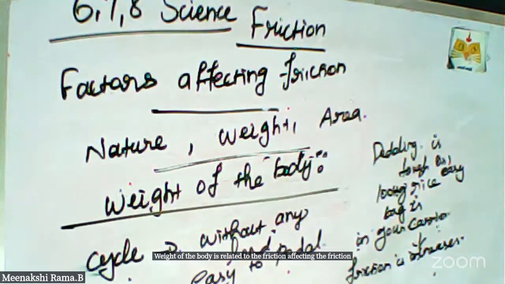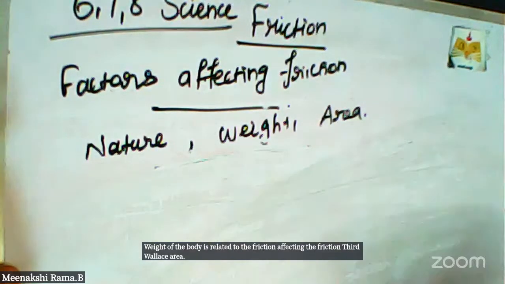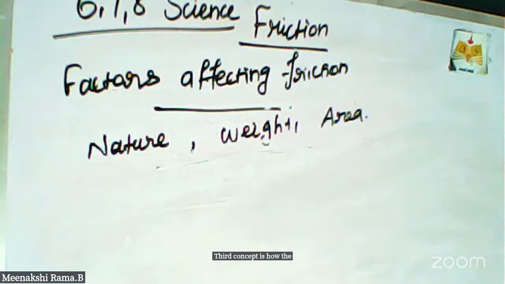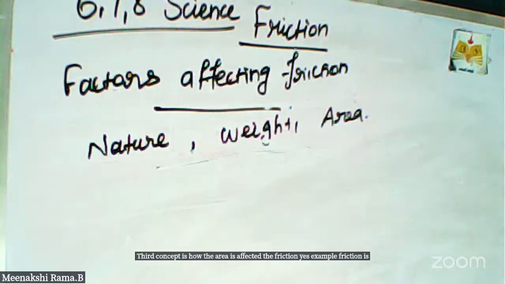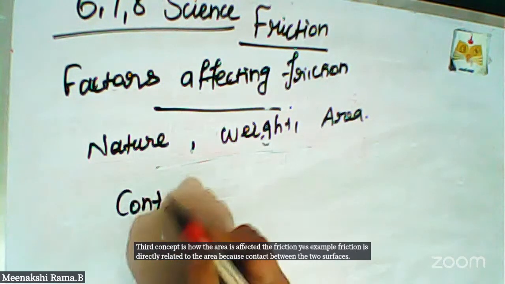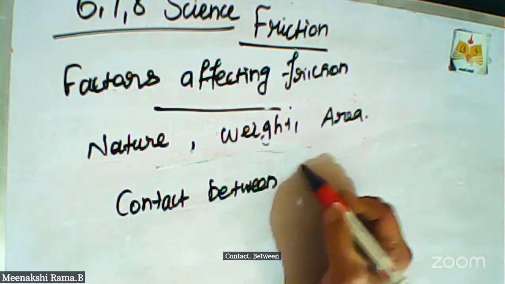Third one is area. The third concept is how the area affects the friction. For example, friction is directly related to the area, because of the contact between the two surfaces.